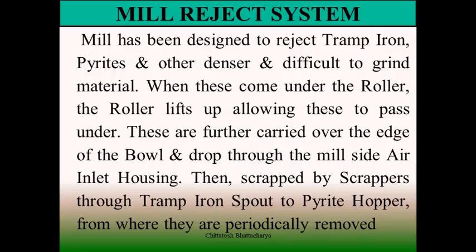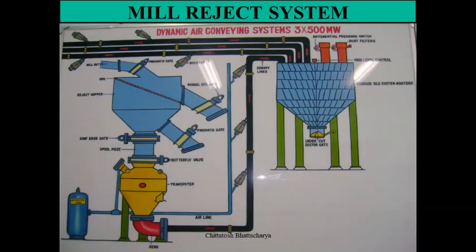For mill rejects, in the scraper zone we have a mill rejection spout, and whatever big boulders or non-coal particles come are dumped, and from there they can be conveyed to the rejection disposal system.